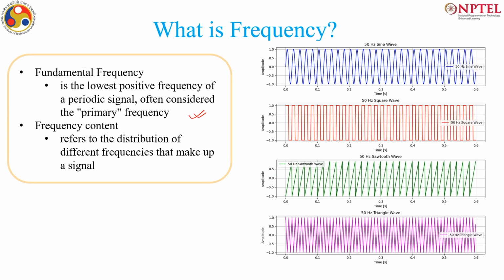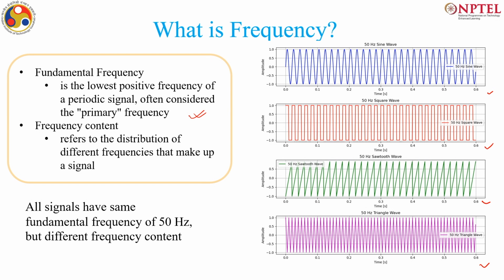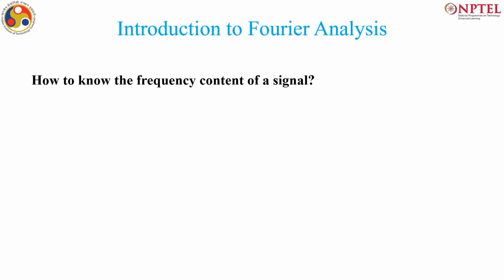If you see these graphs, there is a sine wave of 50 hertz, a square wave of 50 hertz, a sawtooth wave of 50 hertz, and a triangular wave of 50 hertz, and all have the same fundamental frequency, 50 hertz, but these are made up of different sine waves or combinations of different sine waves. The frequencies of those sine waves which make up the signal are called the frequency content.